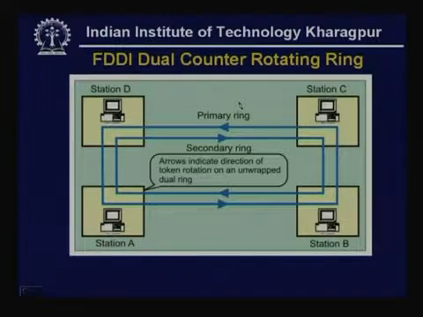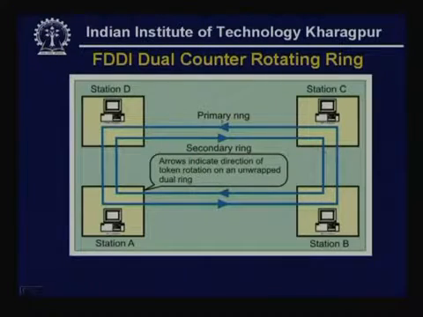It uses a dual counter rotating ring for the purpose of reliability. In case of 802.5, we have seen there is only one ring that rotates in the anti-clockwise direction. But here, as you can see, there are 2 rings. One is the primary ring, another is the secondary ring.